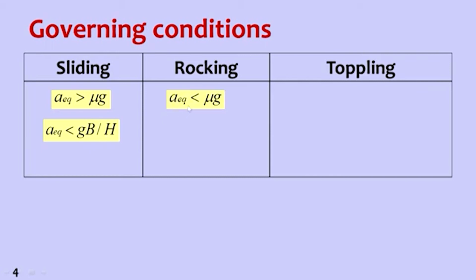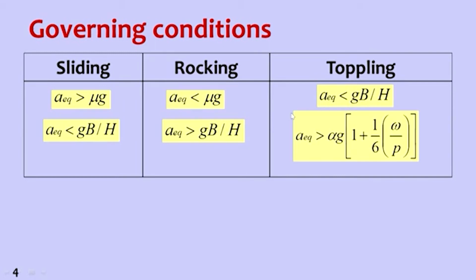For rocking, the peak acceleration should be less than the coefficient of frictional resistance times gravity, and the acceleration should be greater than gravity times aspect ratio. For toppling, acceleration should be less than gravity times aspect ratio, and it should be greater than alpha g times this bracket value.